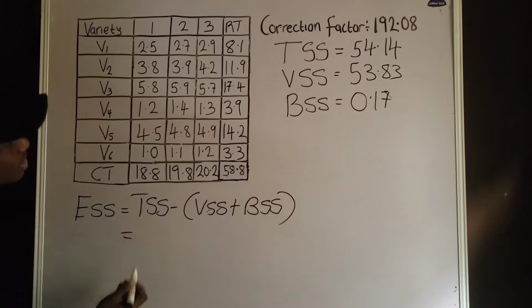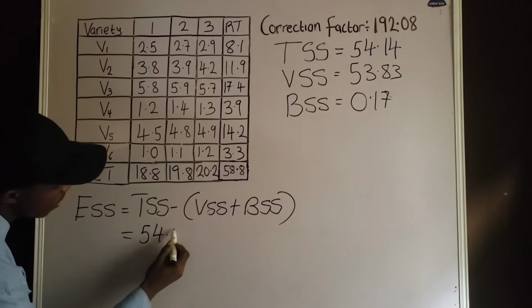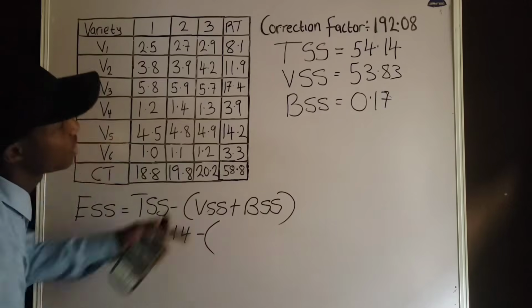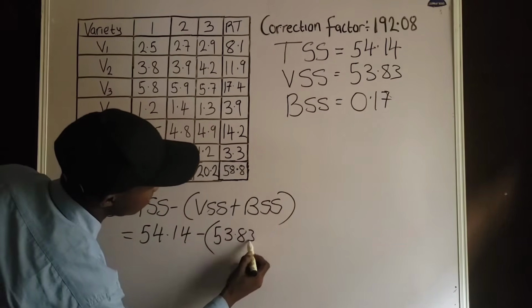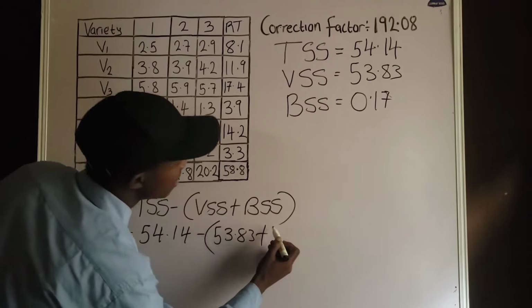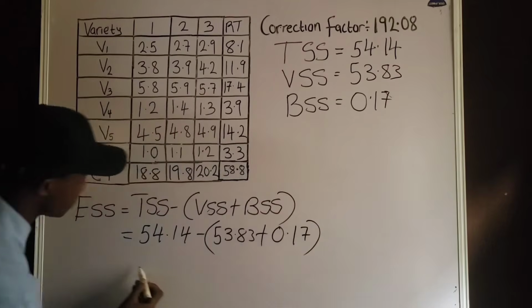The total sum of squared is 54.14 minus 53.83, that is the variety sum of squared, then for the block I got 0.17.